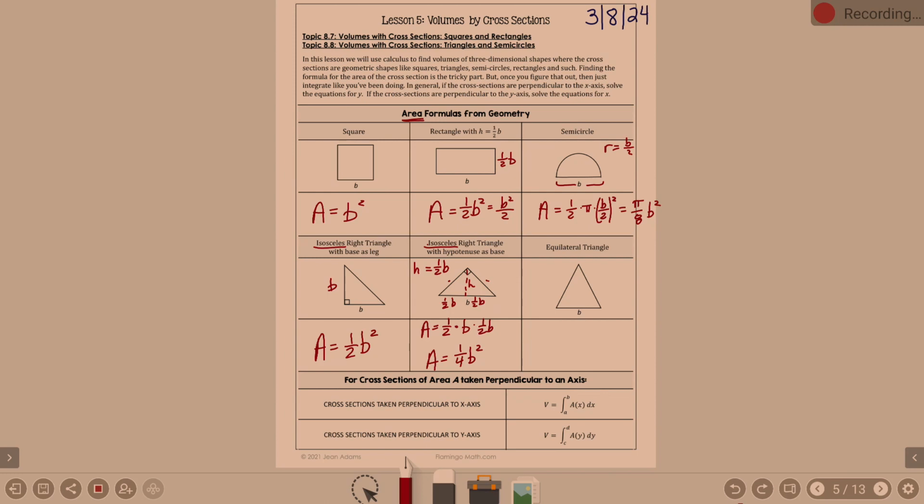Equilateral triangle. Because what do we need to know here? Height. We need to know that height there.